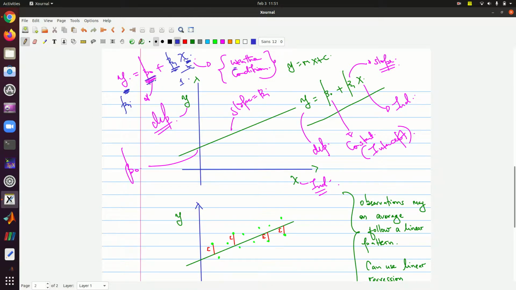Please note that we are talking about an increase in this independent variable causing an increase in y, and that is because the slope here is positive. If the slope was negative, then it would be a different story. They would be inversely related. So when one factor increases, the other would decrease by that given factor, and so on.